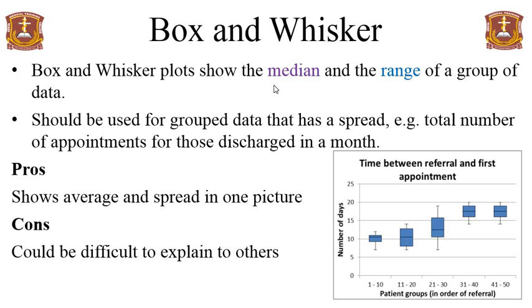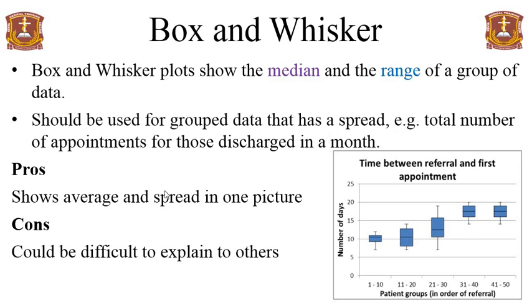It's easy to find step-by-step explanations of how they are achieved, and we can use a computer program like Excel to arrive at this. So it's easy to do this by computer. You don't have to take papers and graphs to start doing the drawing of box and whisker and so forth. This should be used for grouped data that has some spread.